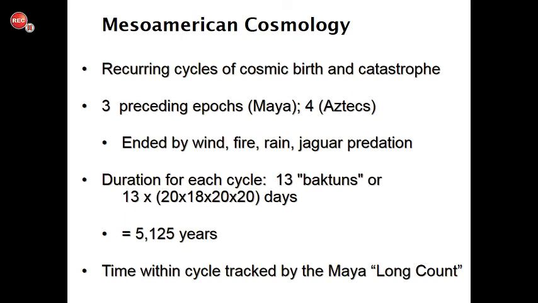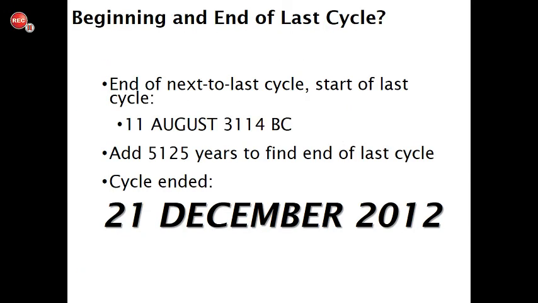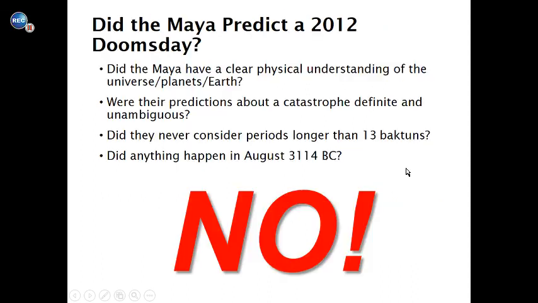They're counting time through these cycles, and eventually the calendar ends again, and they're not telling us anything about what's going on. The start of their last cycle was in 3114 BC. You add the length of the cycle to it, and that cycle ended on the 21st of December 2012. People took that to mean the world is going to end because their calendar ended. Well, our calendar ends every 31st of December, and we just go buy another one.